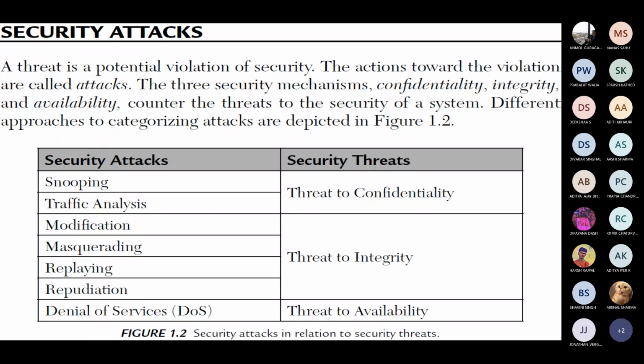See here: snooping attack and traffic analysis attack. These 2 attacks come under threat to confidentiality. Modification, masquerading, replaying and repudiation: all these 4 come under threat to integrity, and denial of service comes under threat to availability. So we will see about all these attacks in the coming slides.